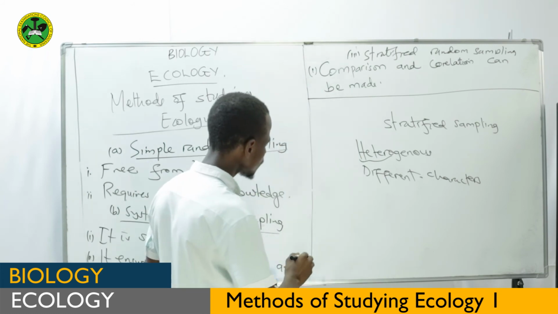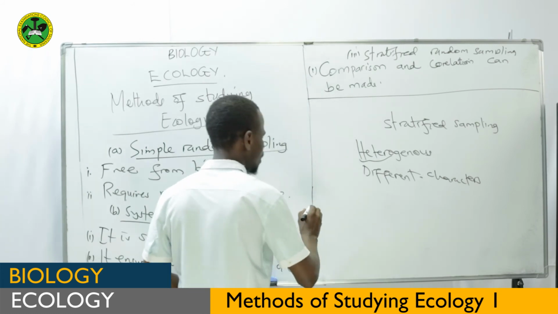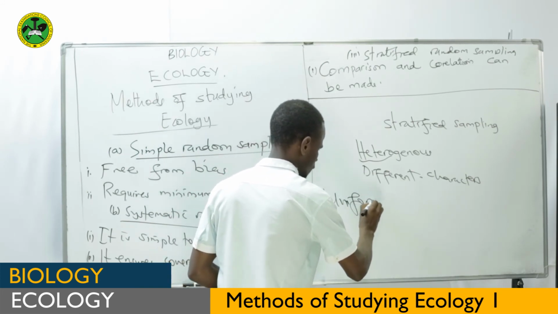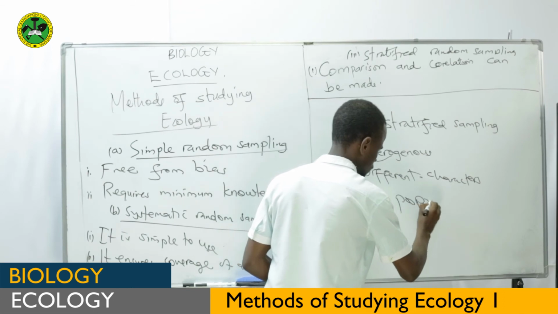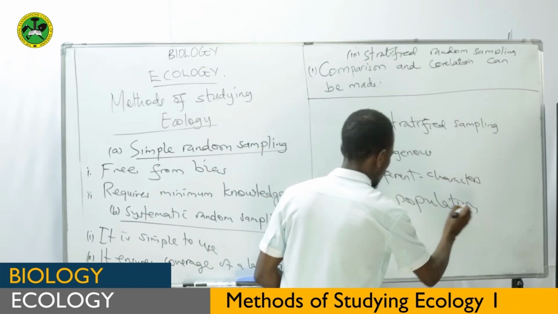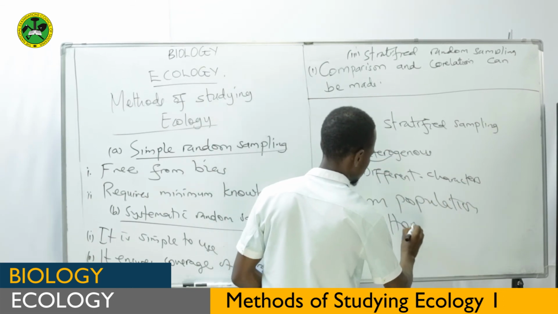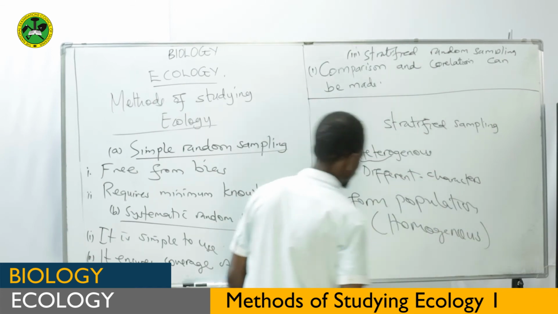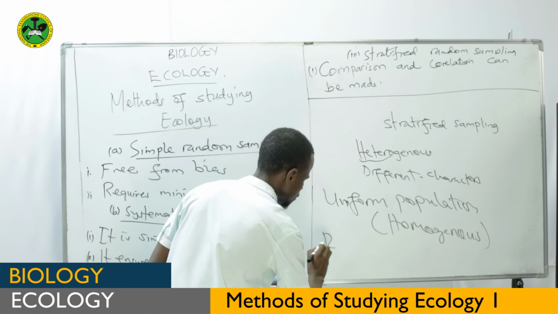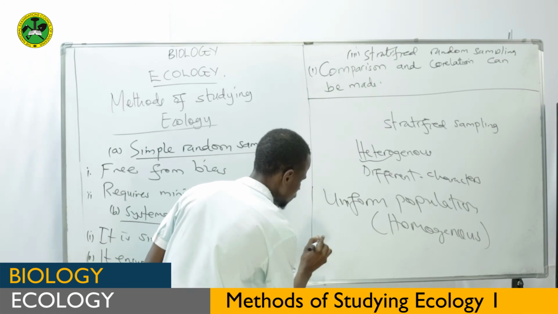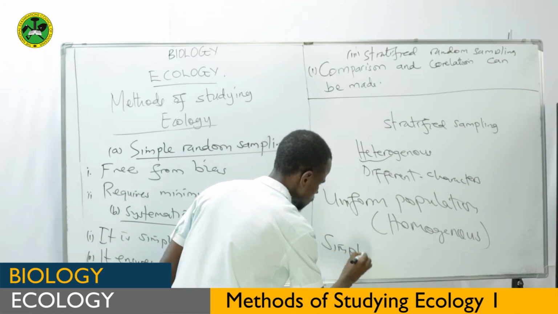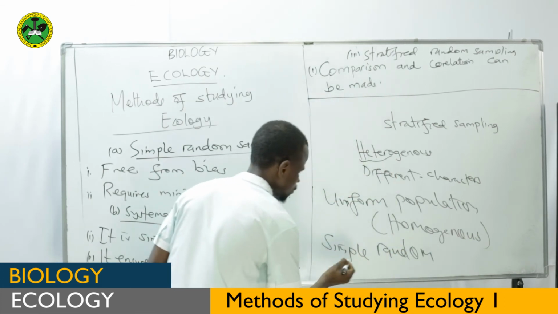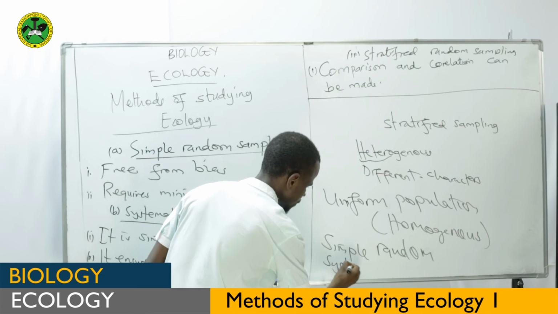But when you have a population which is uniform, where homogeneous members are present, you can use simple random sampling.